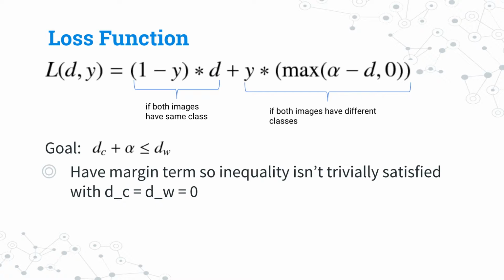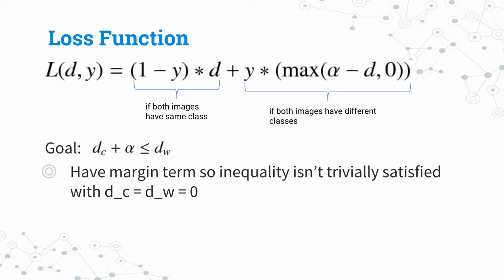That means it not only satisfied what we want, but it went above what we wanted, right? We wanted it to be at least alpha apart, but it went beyond that. So in that case, we can just set it equal to 0 because it already satisfied the constraint. But otherwise, we're basically trying to minimize alpha minus d. And especially because of the minus d term over here, you can think of it as maximizing the difference when they're in different classes. Does that make sense? Okay.